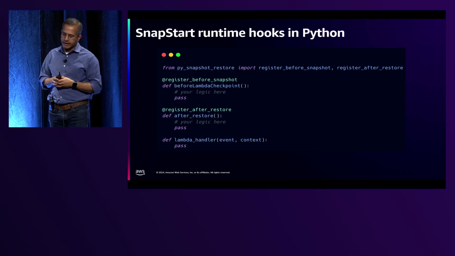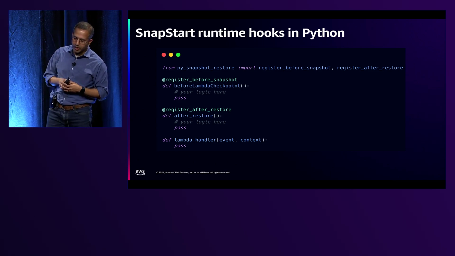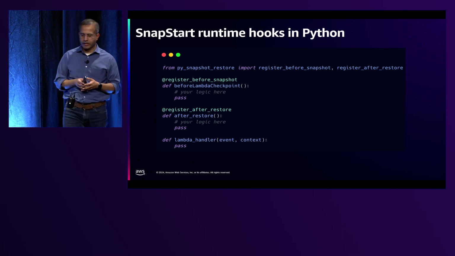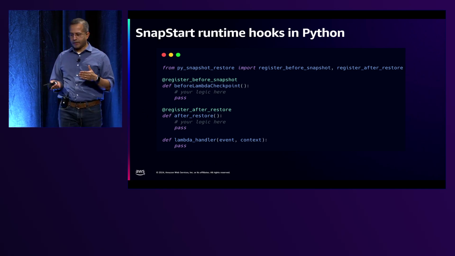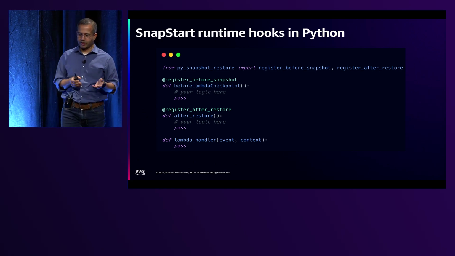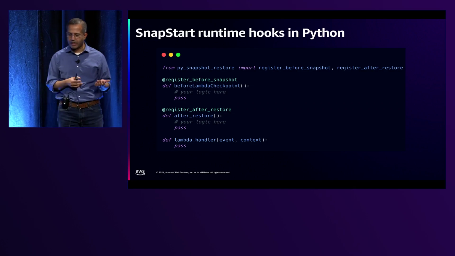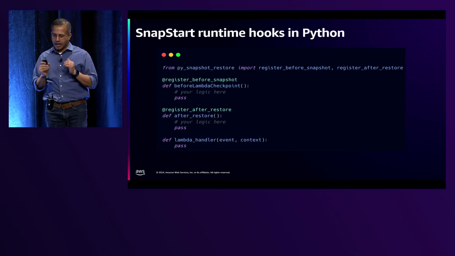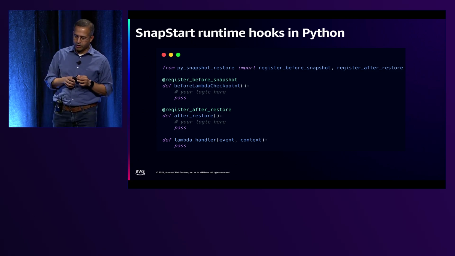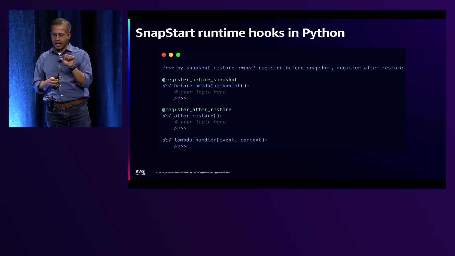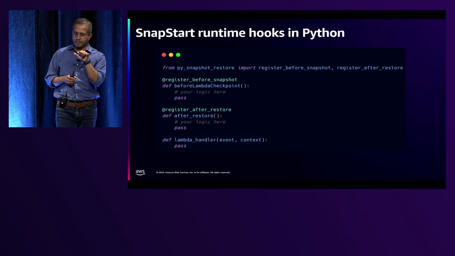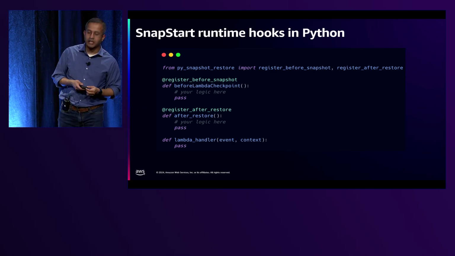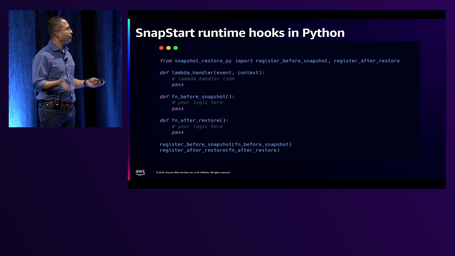And then the importing of modules. Something that I mentioned: if you are importing hooks within the Lambda handler, they won't be executed. So you have to register a hook in a file that isn't imported in your main handler. Once you define and register your hooks, it's available for the function to run.